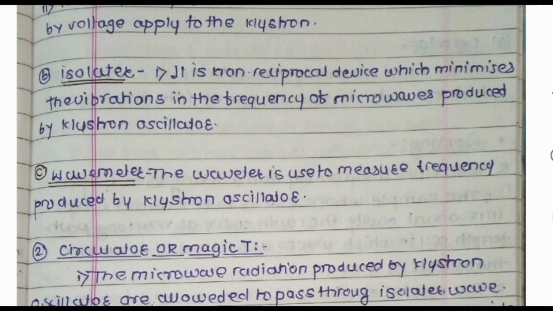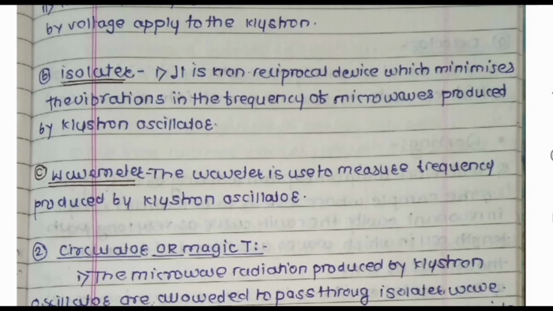So if you want to decrease the energy of the radiation produced from the klystron source, then we insert plates or pieces of resistive material into the waveguide, so that the full power of the klystron source is attenuated by a factor of around 100 or more.